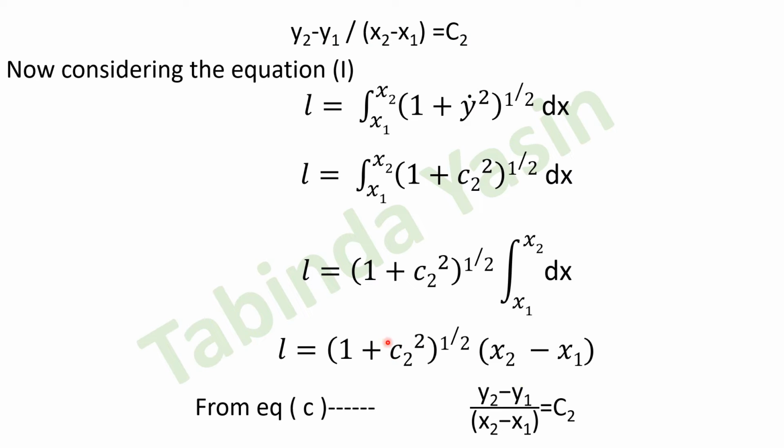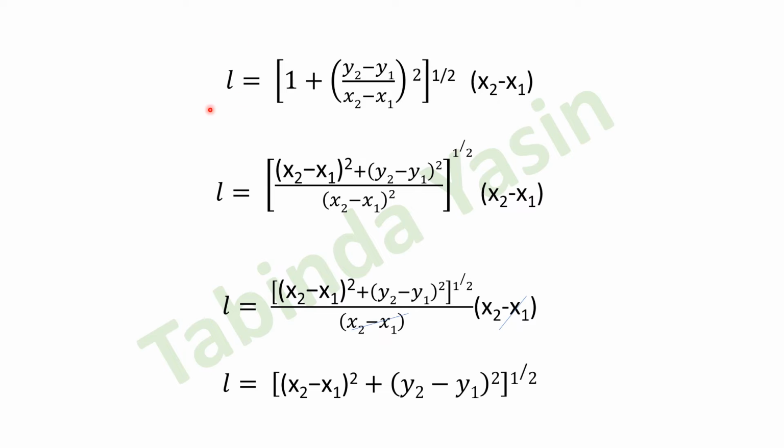So substituting the value of c2 here, (y2 minus y1) over (x2 minus x1), putting it here we get L is equal to [1 plus ((y2 minus y1) over (x2 minus x1)) squared] to the power 1 by 2, into (x2 minus x1).